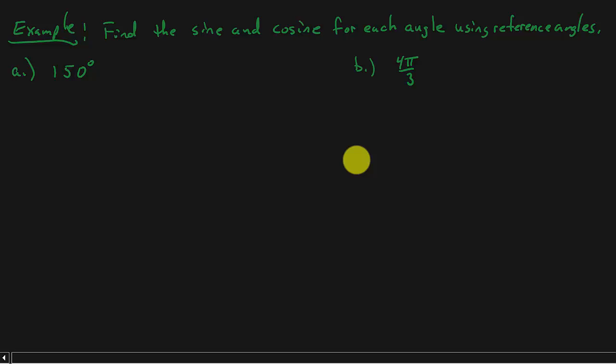So we don't know the sine and cosine of 150. We don't really know the sine, cosine, and tangent of anything larger than 90, except for 90, 180, 270, and 360. We know those. But not stuff like 135, 210, 330, 315, 300.